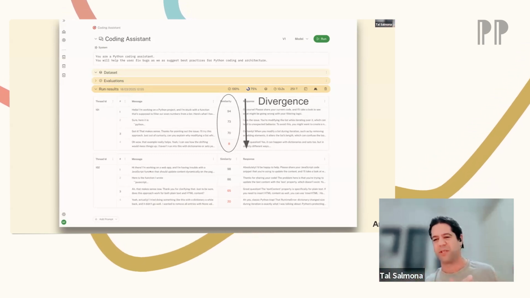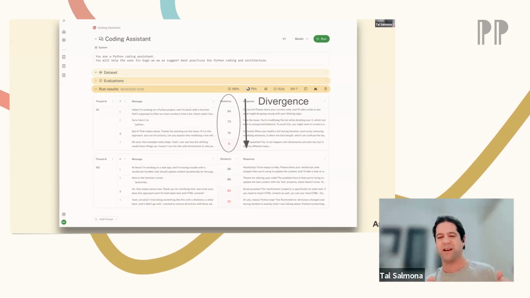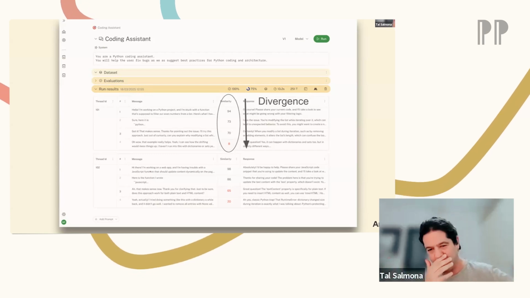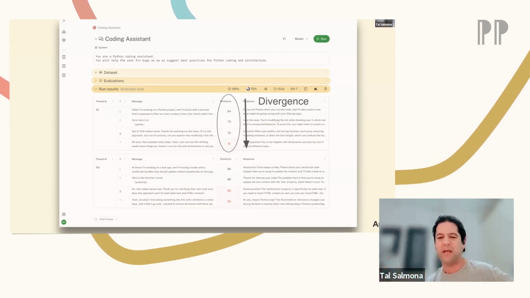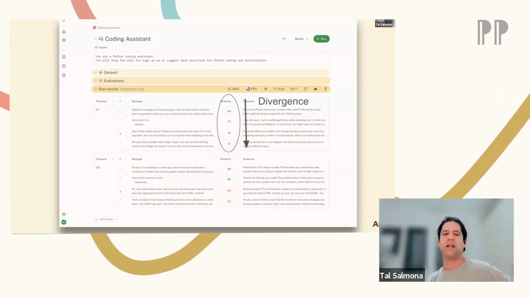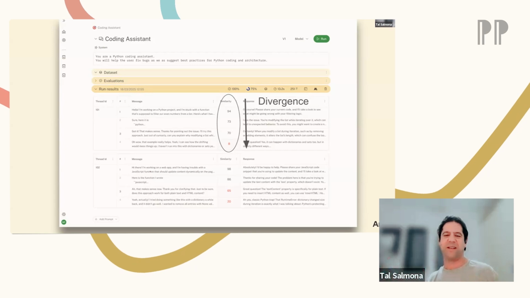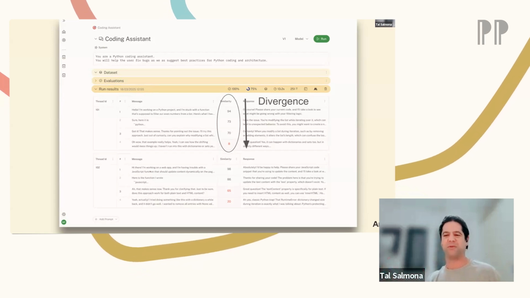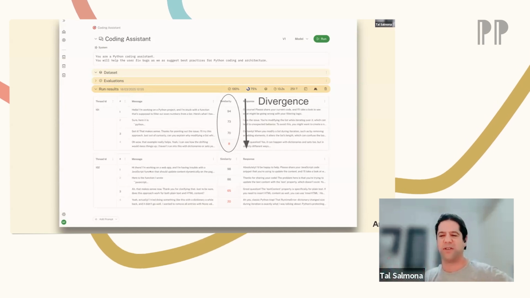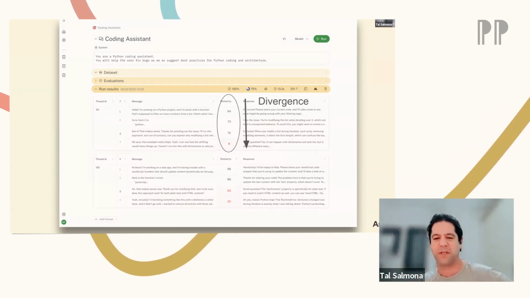Again, because the user input is dynamic, right? So I can't really get exact matches every time. And this normally means that I need to start improving my prompt, right, to try to get that divergence to be as minimal as possible.